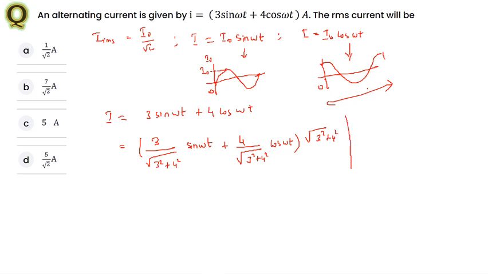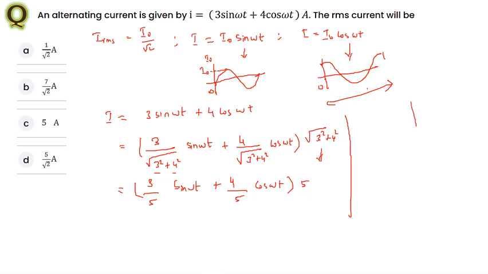So we get 3 divided by the square root of 3 square plus 4 square sin omega t, and 4 divided by the same square root times cos omega t, all multiplied by the square root of 3 square plus 4 square. 4 square is 16 and 3 square is 9; taking the root, we get 3 by 5 sin omega t plus 4 by 5 cos omega t, multiplied by 5.